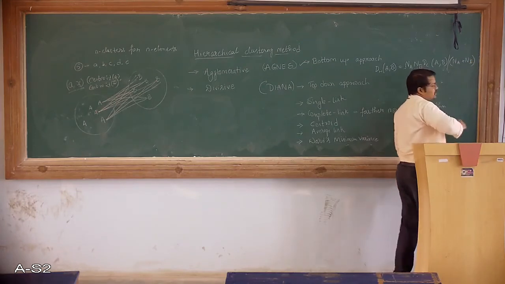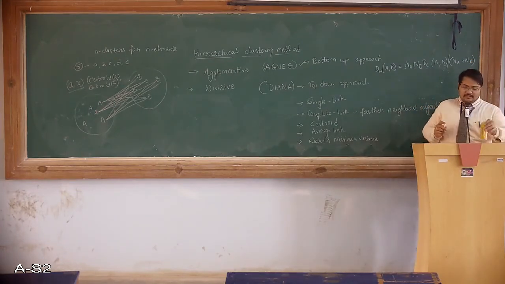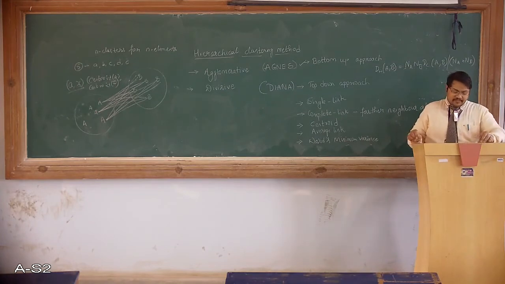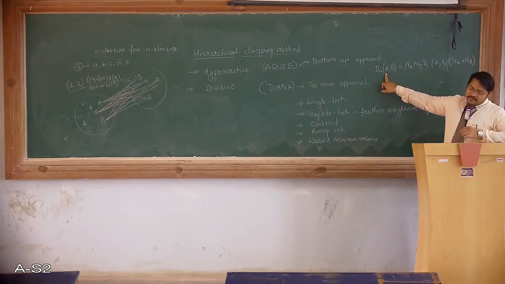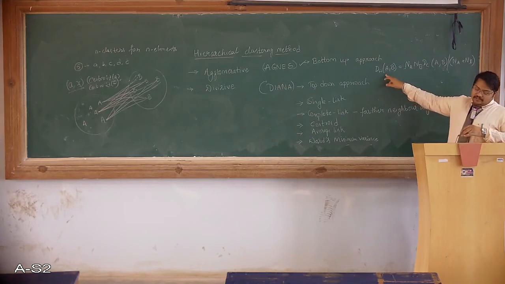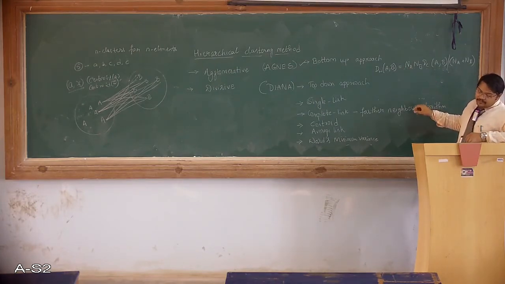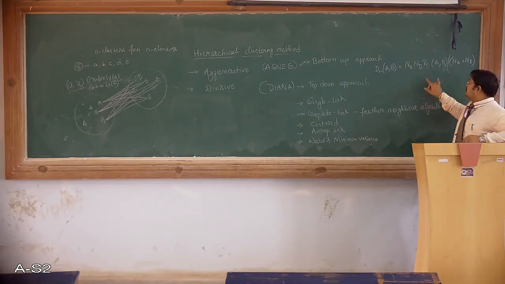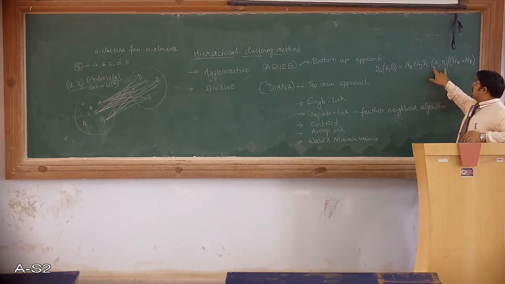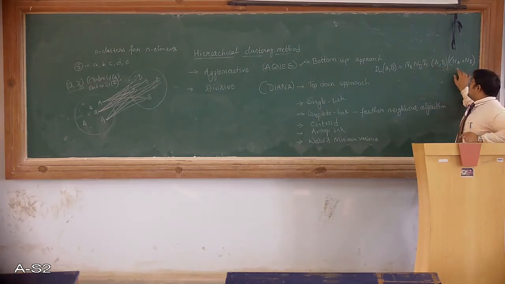So this is the equation for Ward's minimum variance. Here dw of A comma B is the Ward's minimum variance between the two clusters A and B with NA and NB objects in them respectively. NA and NB are the number of objects in cluster A and cluster B respectively, and DC of A comma B is the centroid distance between the two clusters, divided by the total number of objects including both the clusters.